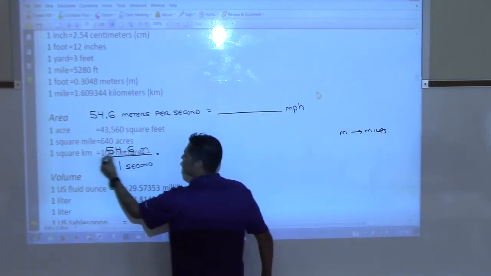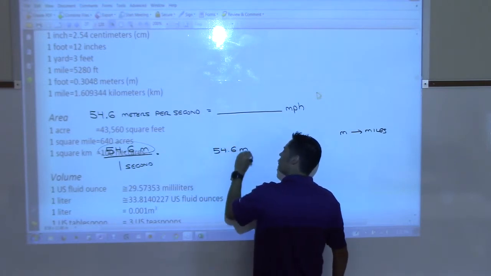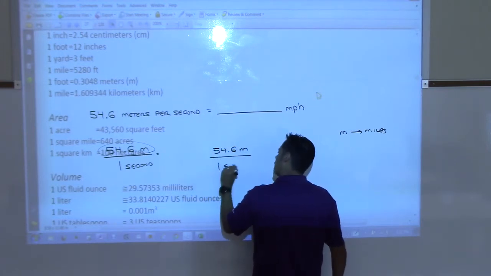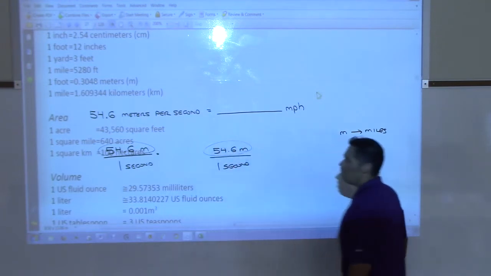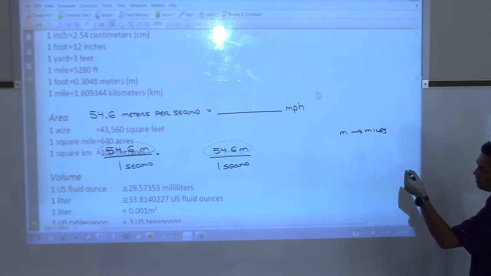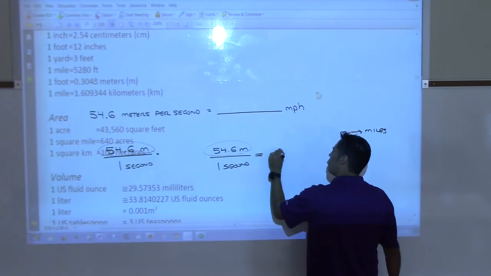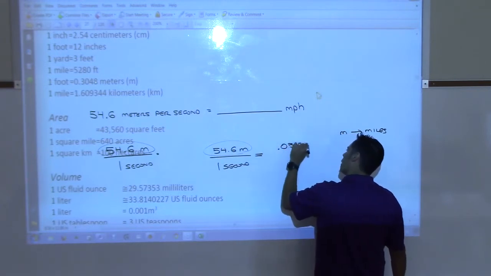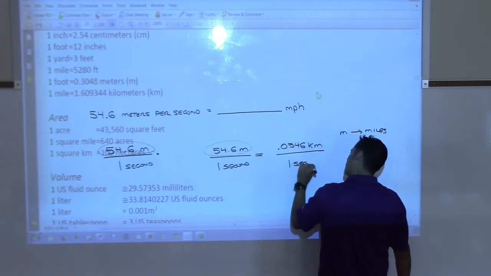Can we change this to kilometers? 54.6 meters in every 1 second. Can you switch that over right there to kilometers? Okay, how? Move the decimal place how many places? 3 to which way? Left. So this is the same as 0.0546 kilometers per second. You with me?